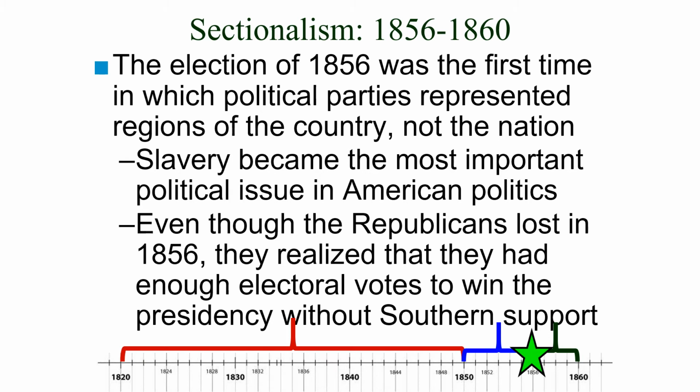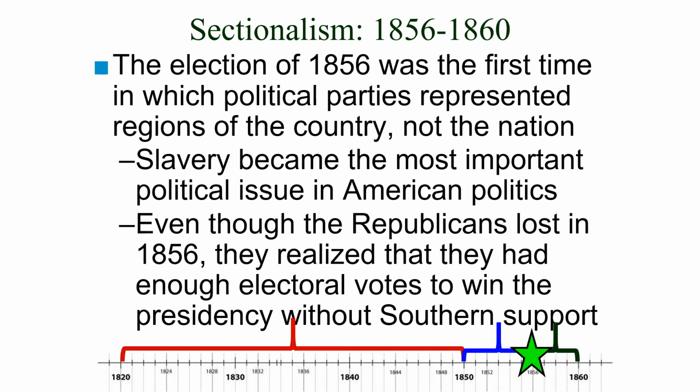Now, before 1860, before 1856 even, the presidential elections had been based on the candidate themselves. And people had voted on who they wanted to be president based on the specific person. But starting in 1856, there was the first time that all of a sudden this idea of sectionalism starts to bleed over into politics.